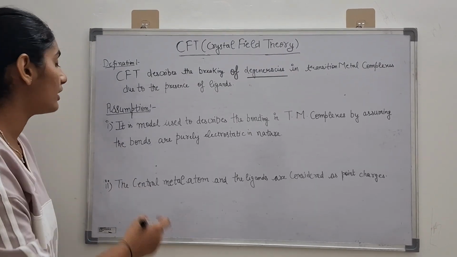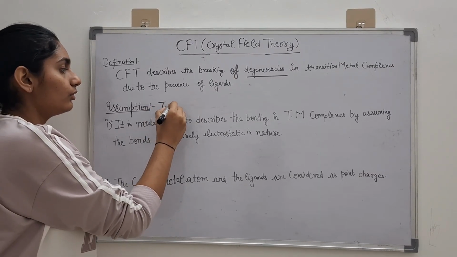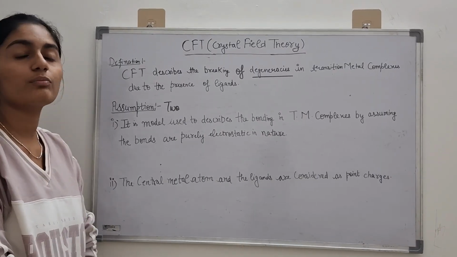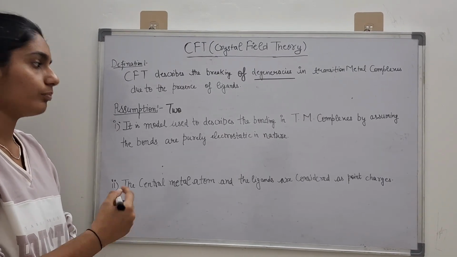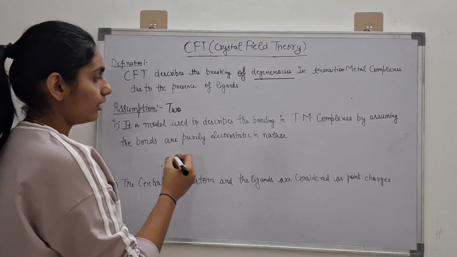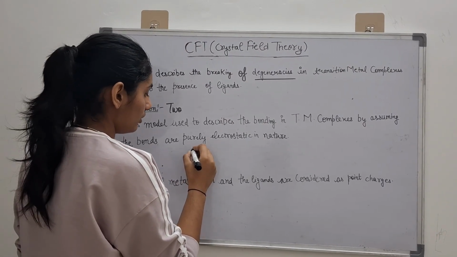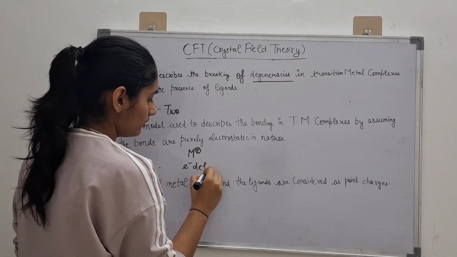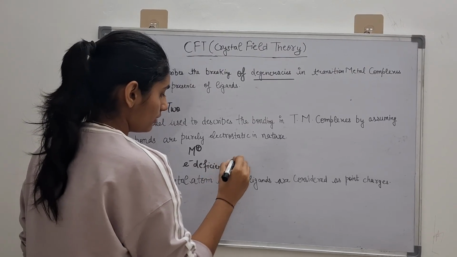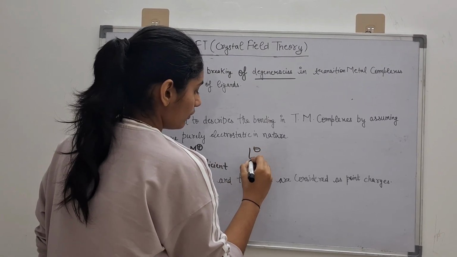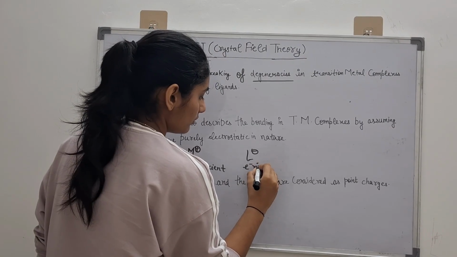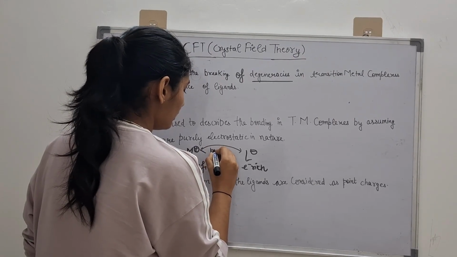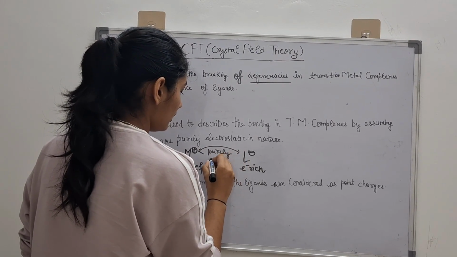There are two assumptions of crystal field theory. First, it is a model used to describe the bonding in transition metal complexes by assuming the bonds are purely ionic and electrostatic in nature: the metal is electron deficient in nature, and the ligand is electron rich in nature, and these two have a purely ionic interaction.